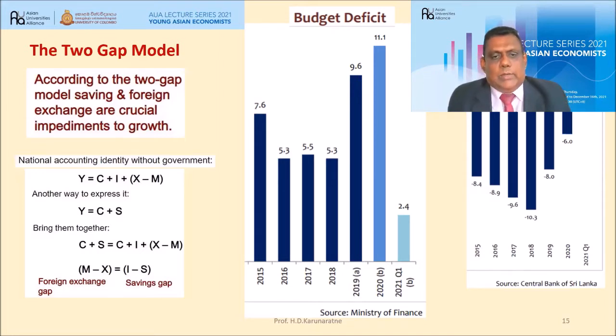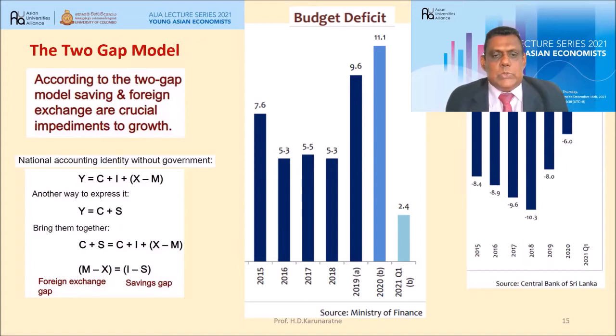So at the macro level, as a result, aggregate demand goes up, the consumption level increases, and the import level also increases, because people believe that next month they might not have goods, so they want to buy more today. Then the entire country's GDP is going like that. So as a result, the import demand will be high, and the country needs additional dollars to cater to that import demand.